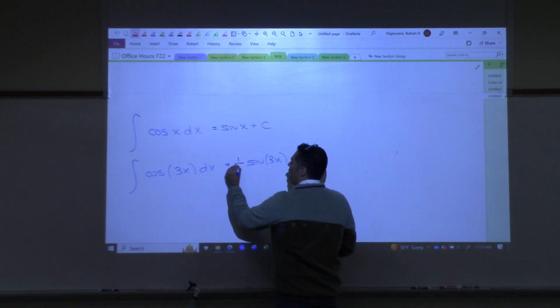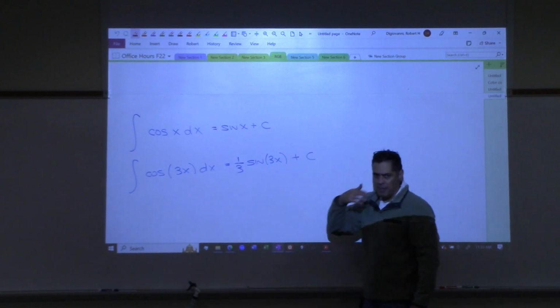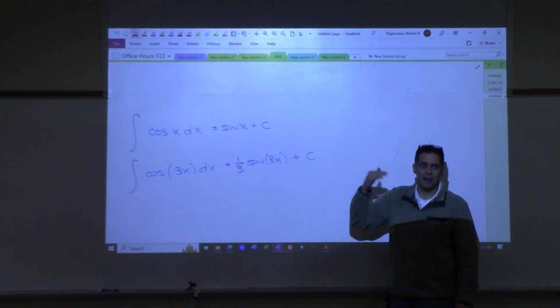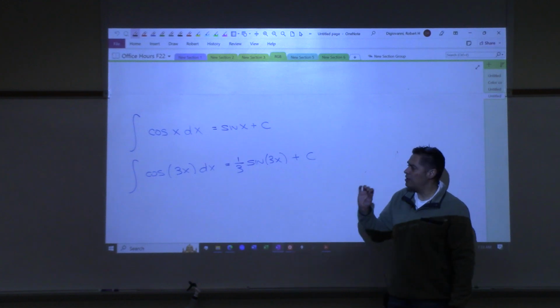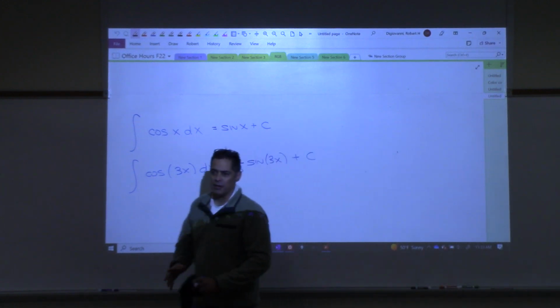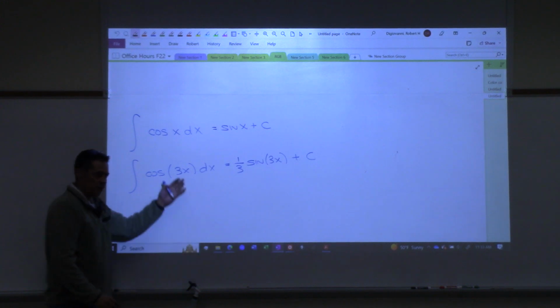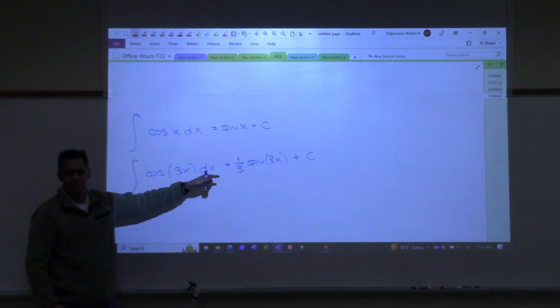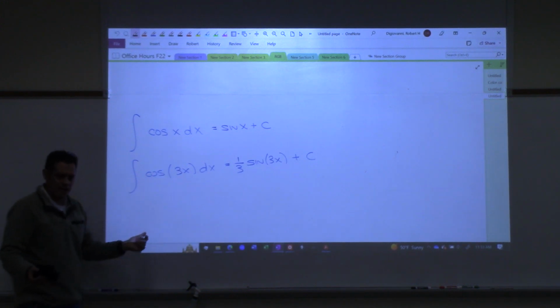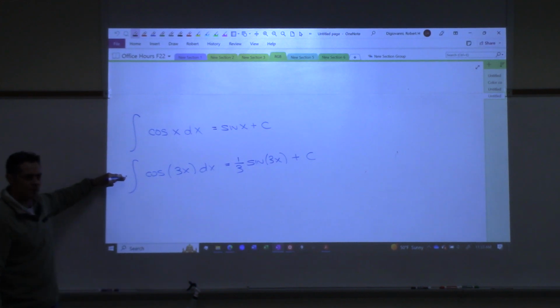Now I'm doing that just mentally, like I'm understanding how that works. You could technically do a u substitution here. You could let u be 3x and then go through the work to show that. But I think we can do this. I hope that people can follow this.